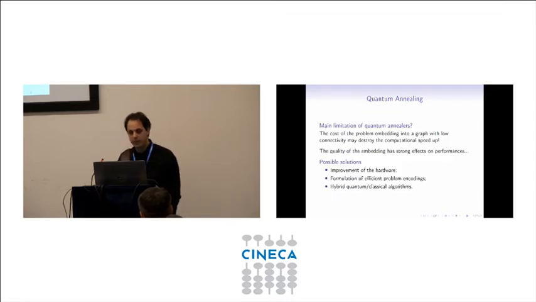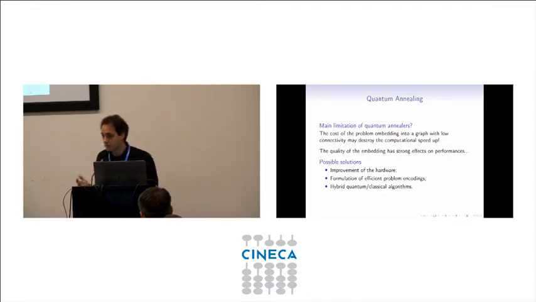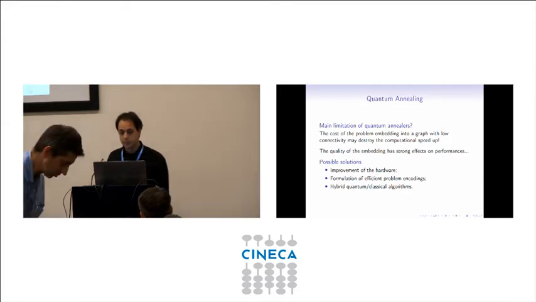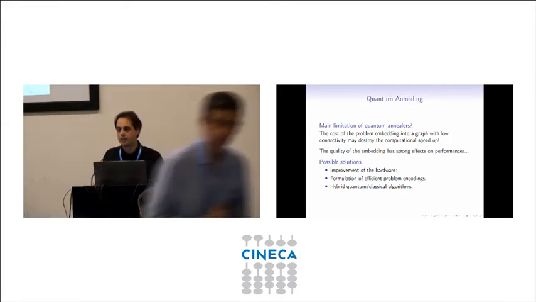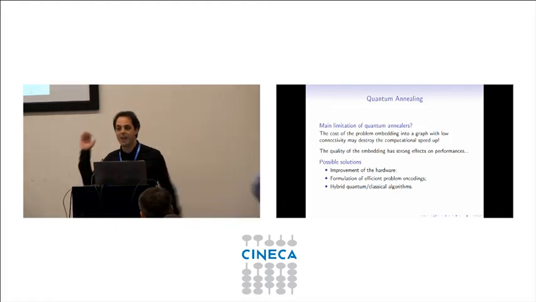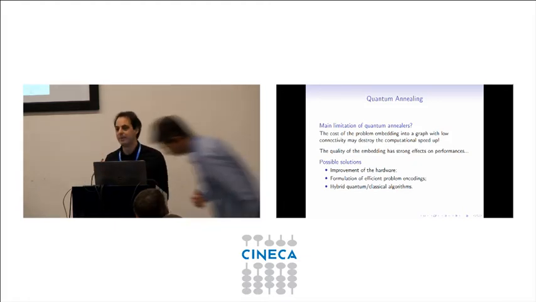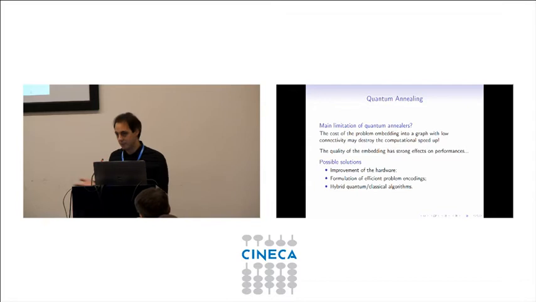From my viewpoint, the main limitation of a quantum annealer is the little connectivity of its architecture. And we have at least three possible solutions to manage this issue. The improvement of the hardware, of course. If we have a complete graph, we can directly map a QUBO problem into the quantum hardware, of course.